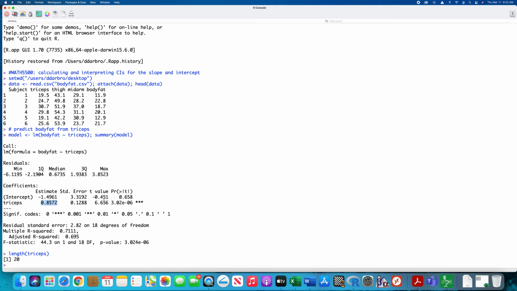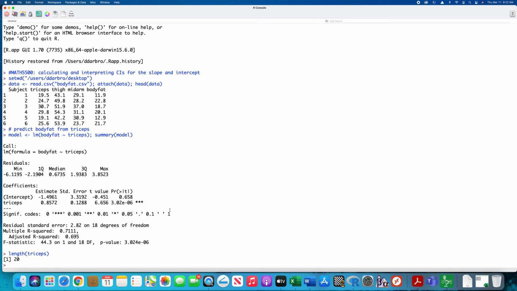It's going to have natural variation. So the confidence interval allows us to build margin of error around our estimate to account for that natural variation that we expect from sample to sample.